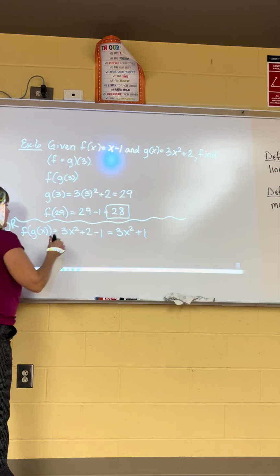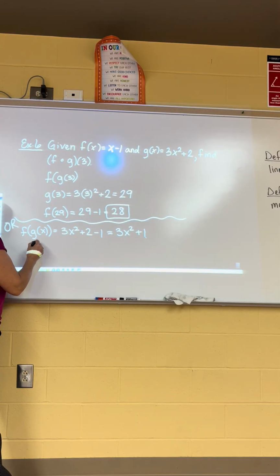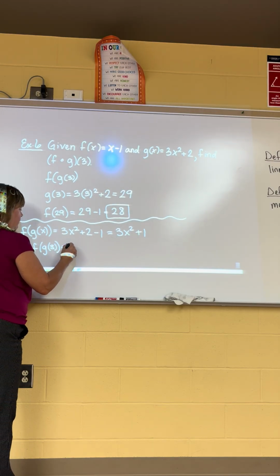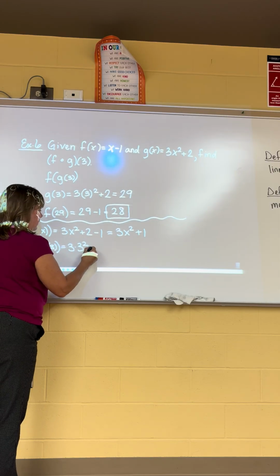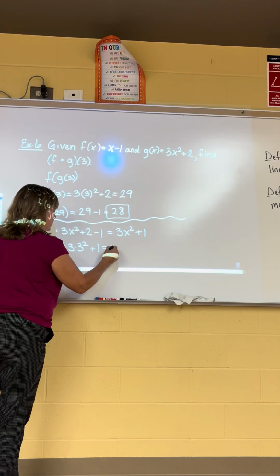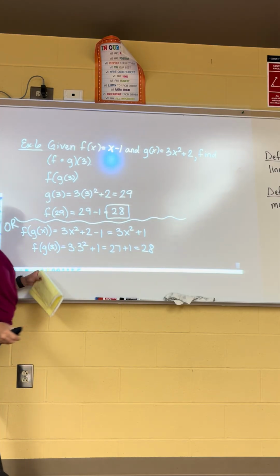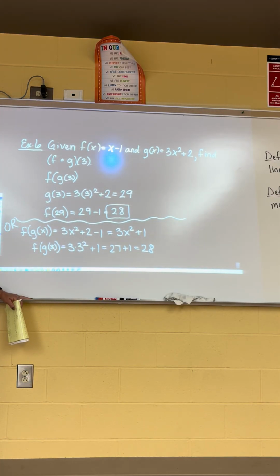Simplify it. Then plug in 3. It's all the same thing. So it would be 3 squared plus 1. 27 plus 1 is 28. So it doesn't matter which way. But people do it both ways. I check both are correct. Nice.